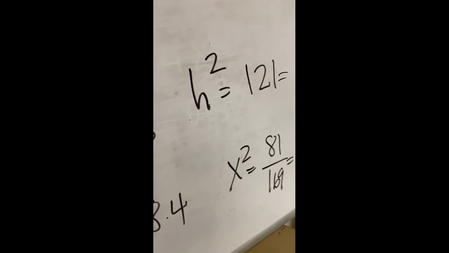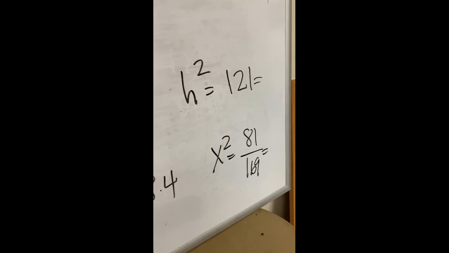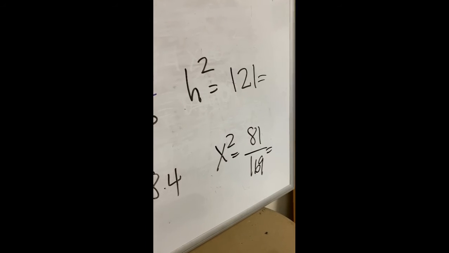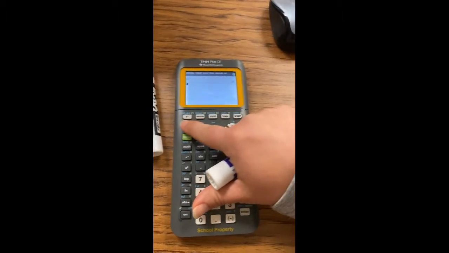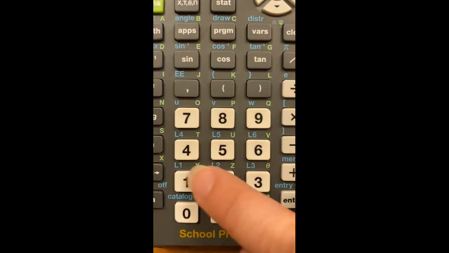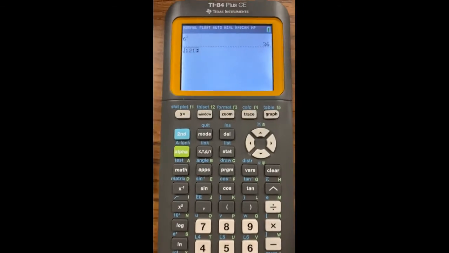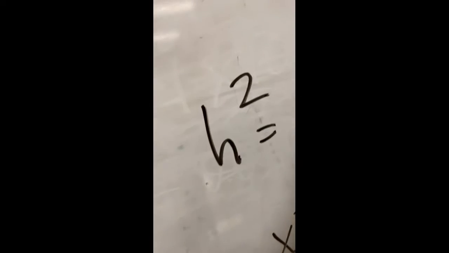All right, next we have h squared equals 121. Well, we know that the opposite of squaring is square root. So we're going to do second square root 121, enter, and it's 11. But now here's where it gets tricky, because when we're squaring it, it could be negative 11 or it can be positive 11.